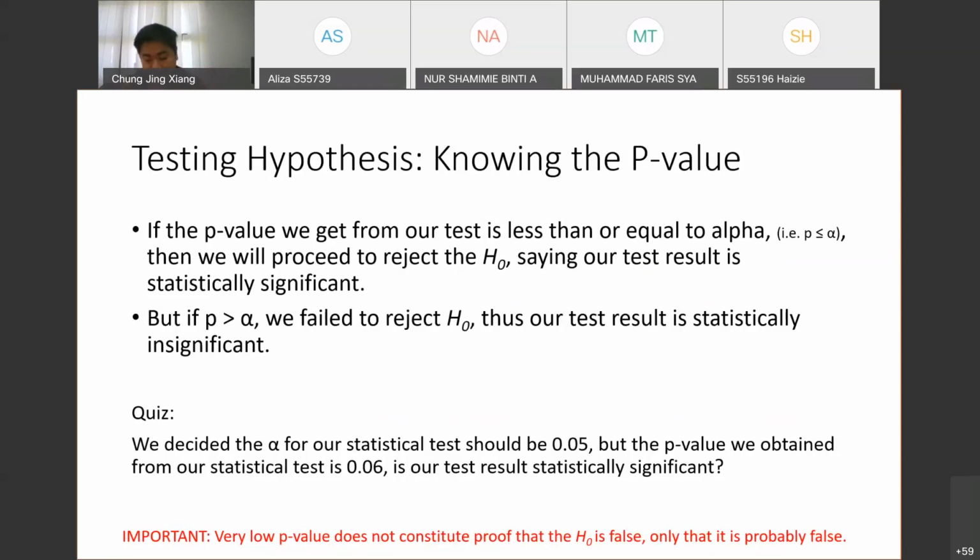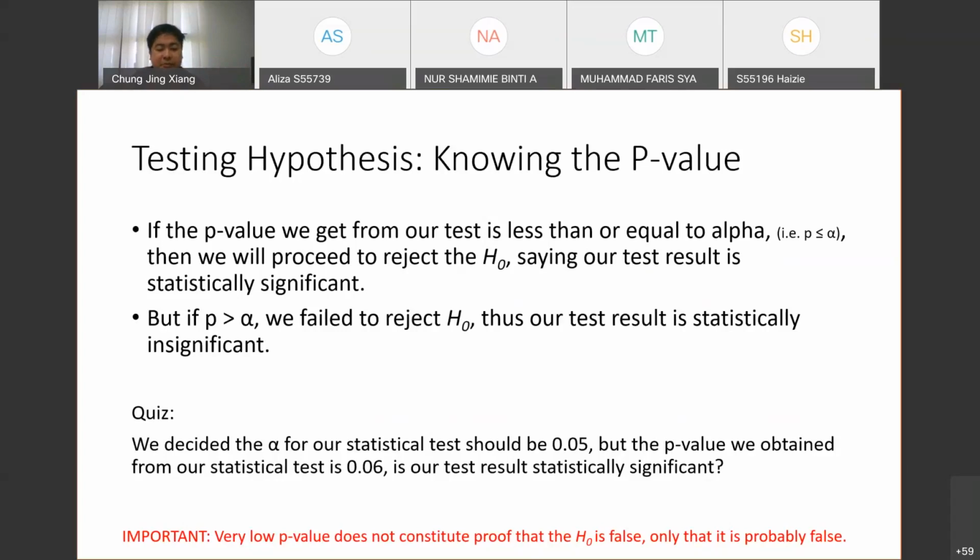For me, I will not set alpha first. I will calculate the p-value first and I see. When I see the p-value, I decide: can my assessment of something tolerate this amount of error? Let's say I get my p-value 0.055.